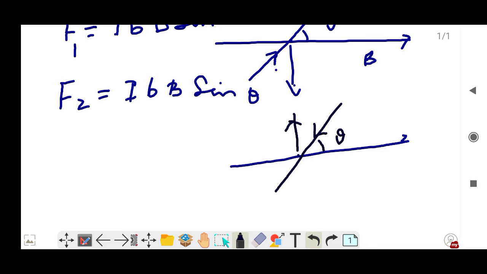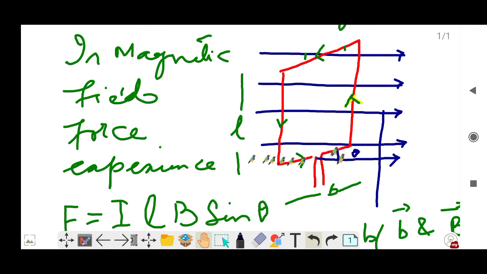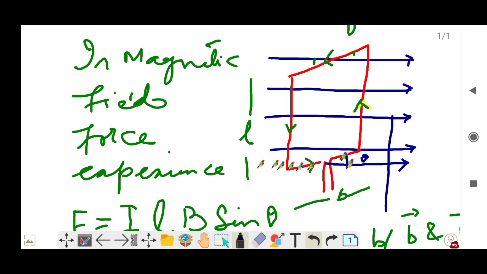These two forces are acting in the opposite direction. So F1 and F2 are equal and opposite in direction. So F1 plus F2, the sum of forces, is zero because they are acting along the same line. So we have been able to find the force on these two conductors. I'll call this conductor 1 and this conductor 2. I've found the force on 1 and 2 and they cancel out each other.